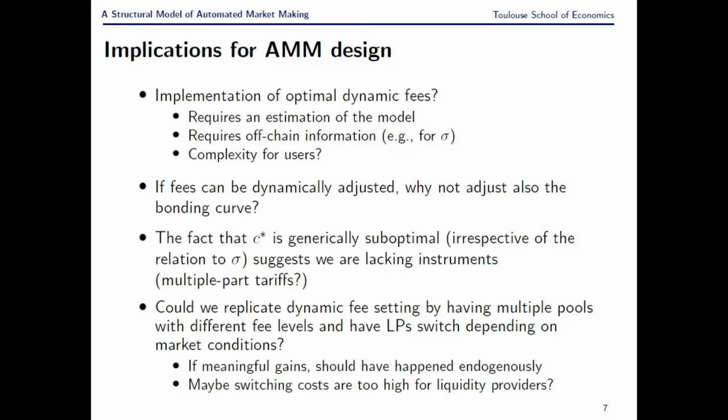You need to recover these parameters, this A0, AF, etc. Is this going to be stable over time? Once you deploy your AMM, it's going to be hard to change. It also requires off-chain information, right? So you're taking information from centralized exchanges. So how do you do this on an AMM? It's, again, not completely straightforward. Not to mention the fact it's going to make this mechanism much, much more complex.